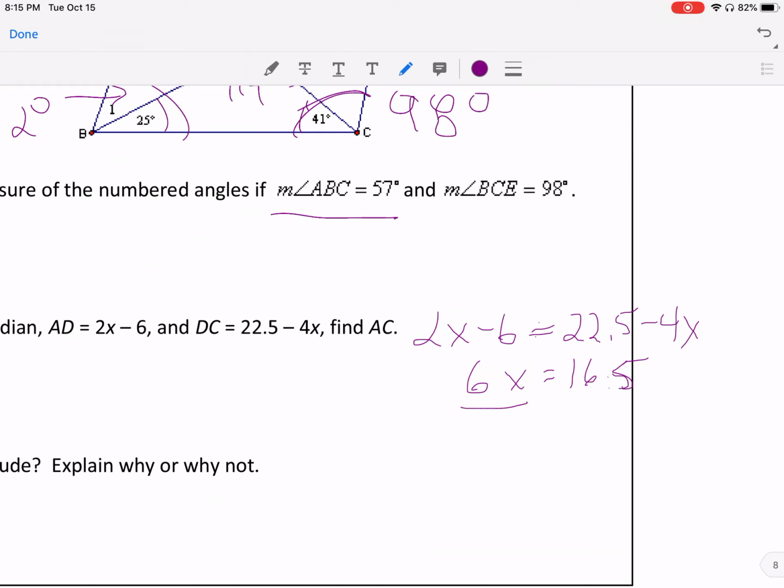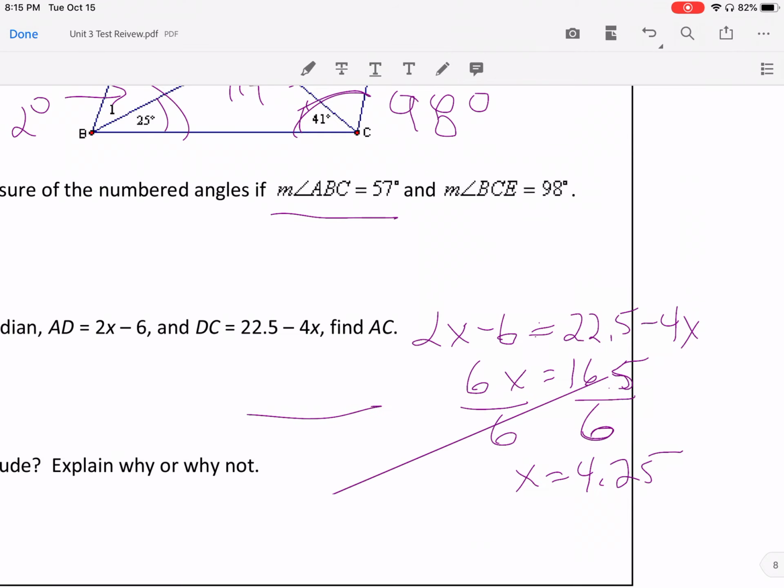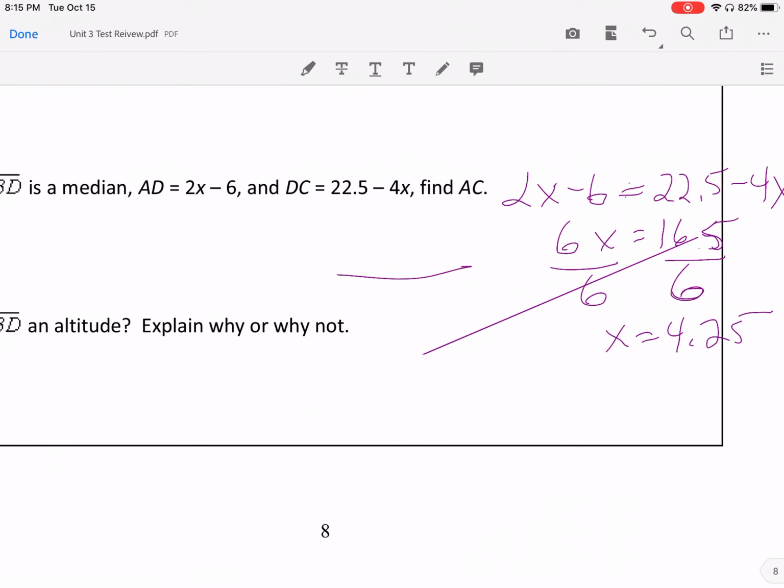And when I divide by 6, I think it ends up being like 4.75 or 4.25. Let me just check that. Give me just a second. I think it's 4.25, but it doesn't matter. You guys have the idea, maybe it's 4.75.